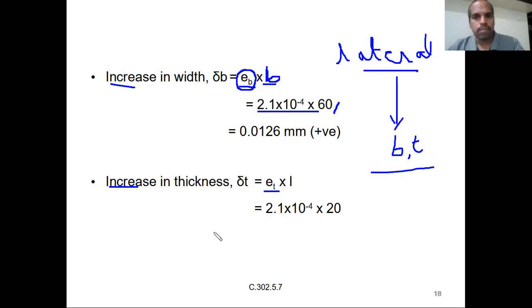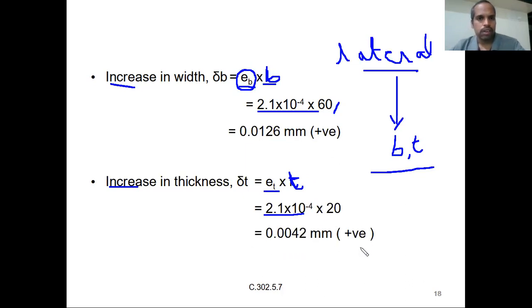That's what we have taken here: 2.1 into 10 to the power of minus 4 into T, not L again, this is T, thickness. Now we got the increase in thickness.